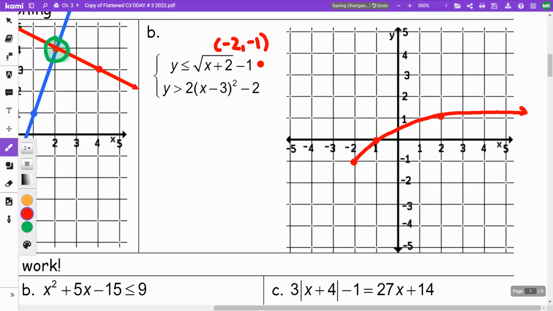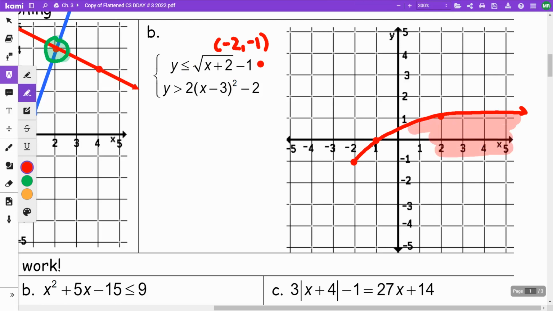And then it is less than or equal to, which means I'm going to shade below. So if I come here, I'm going to shade below. And then everything to the left of this isn't going to make sense because that's going to be an imaginary number.